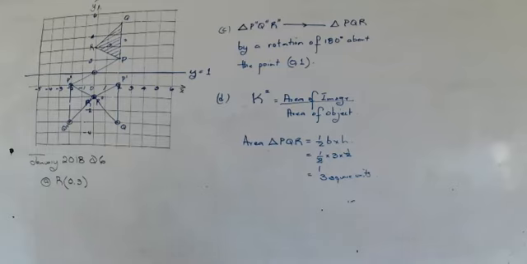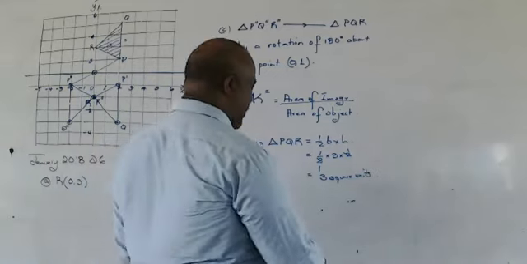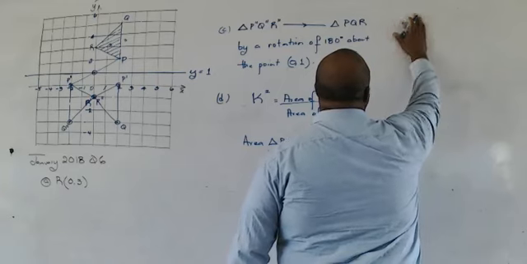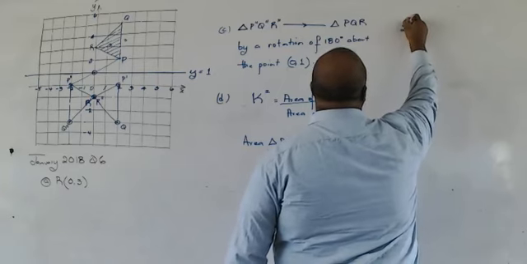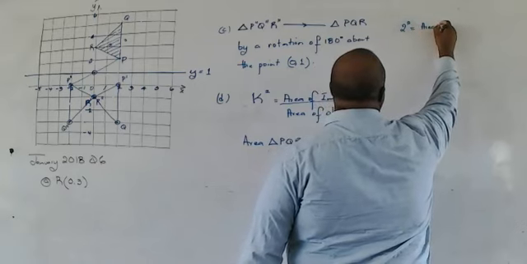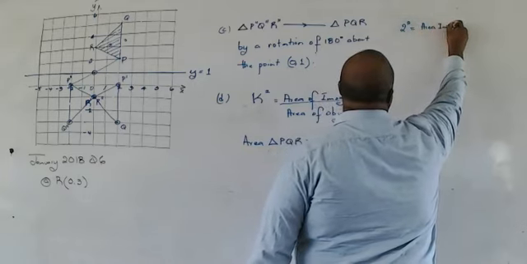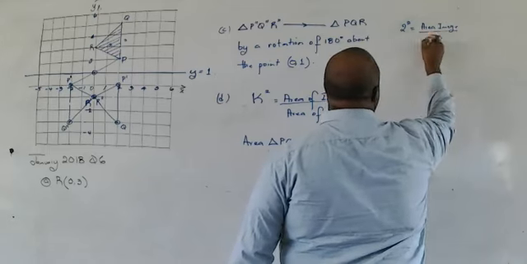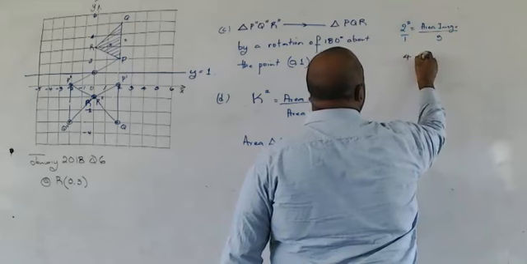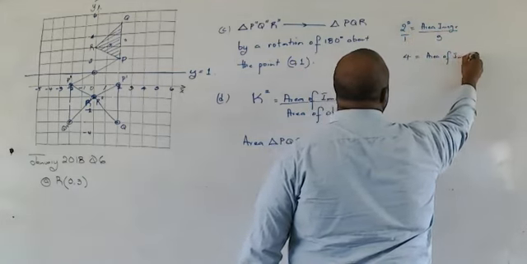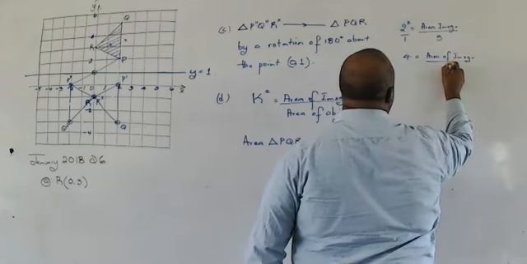Ladies and gentlemen, we're told that the scale factor is 2. So K squared, which is 2 squared, is equal to the area of the image divided by the area of the object, which is 3. 4 is equal to area of image divided by 3.